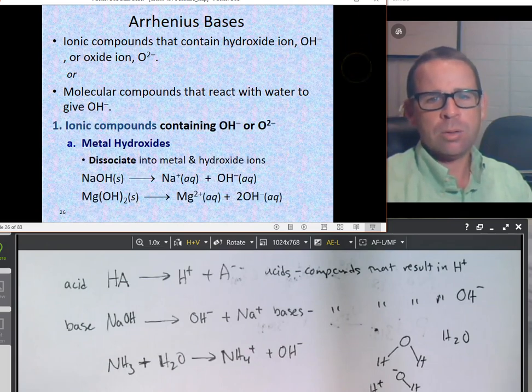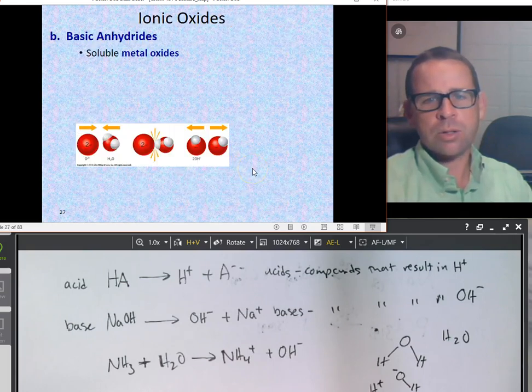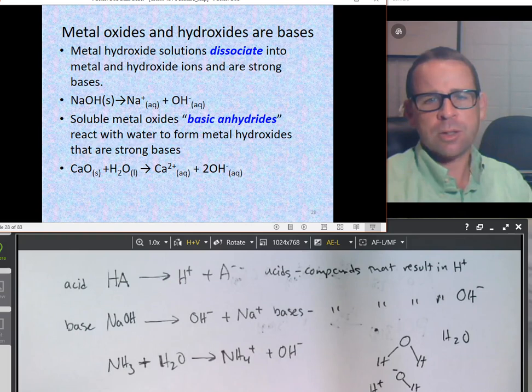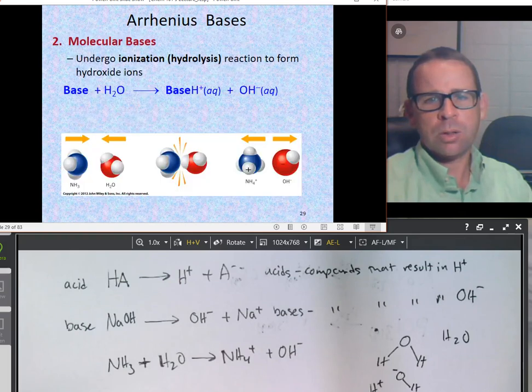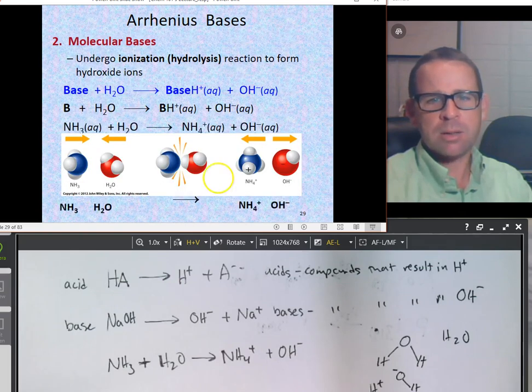Okay, so here are some examples again of ionic compounds behaving like bases, right? Magnesium hydroxide, you put it into water, it dissociates into magnesium ion and hydroxide ion. And then there are also examples of compounds behaving as bases that are molecular.